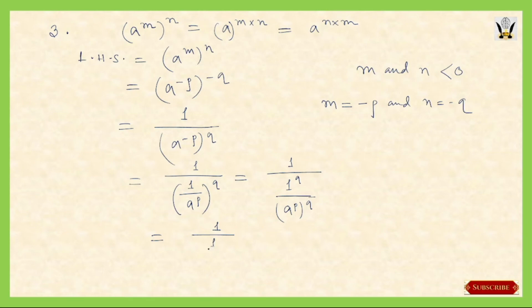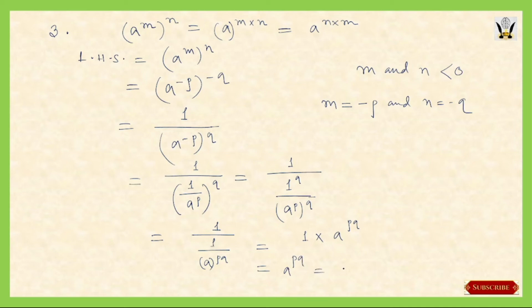So in the denominator it will be 1 divided by a to the power, it will obey this law. Here p and q both are positive exponents, so it will be a to the power pq. Now we are dividing 1 by 1 divided by a to the power pq, so it will be 1 multiplied by a to the power pq, the multiplicative inverse of the second number. So it will finally be a to the power pq.